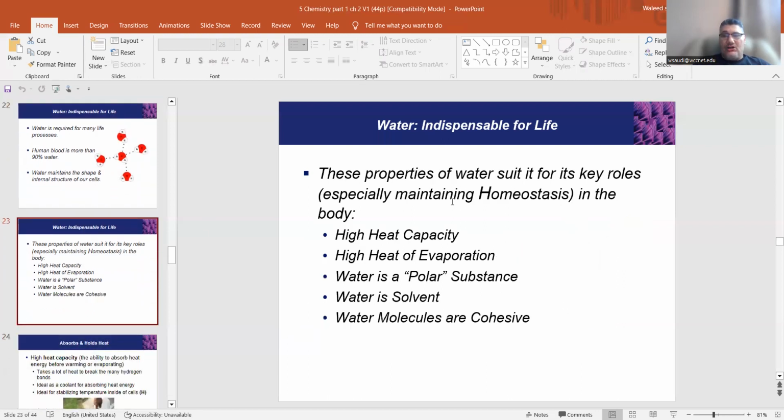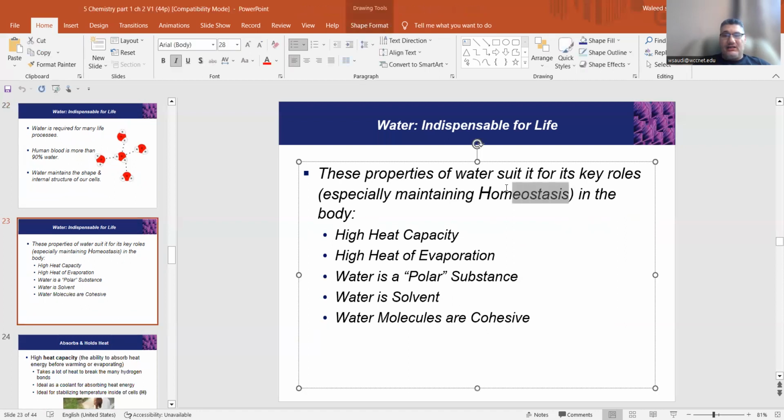Characteristics of water, especially as related to homeostasis, and I'm expecting that you guys know homeostasis. This is extremely important. This is the main concept in physiology. And I always break it down like this: homeo is like homogeneous, meaning stable within the normal range.